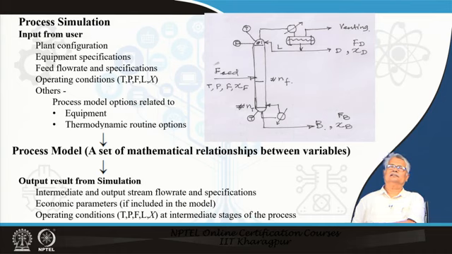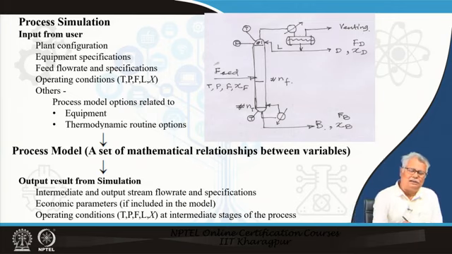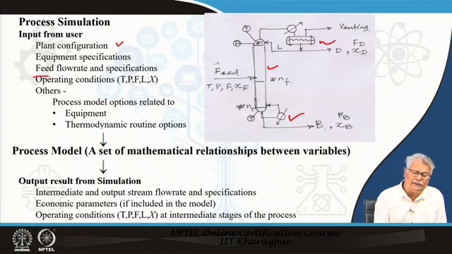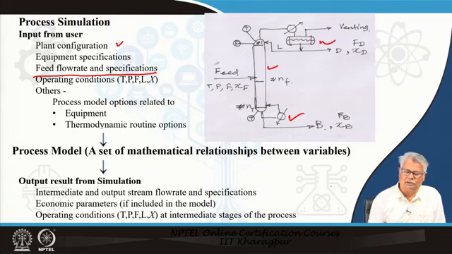So, let us look at the steps of process simulation. Naturally, you have to simulate a plant, so you require the plant configuration. Here you have the distillation column, the overhead condenser, the reboiler, and such things, and the specifications must be known. You need to know the feed flow rate and the specifications of the streams which are entering as input, which is this.